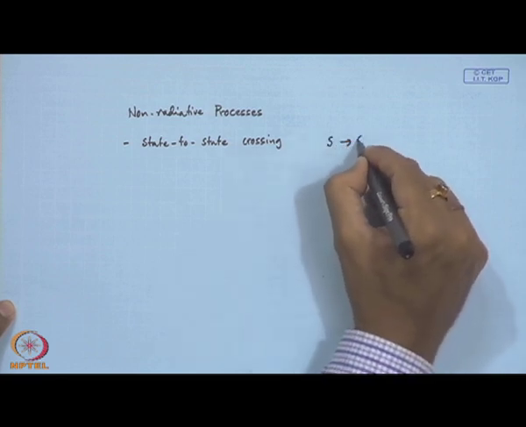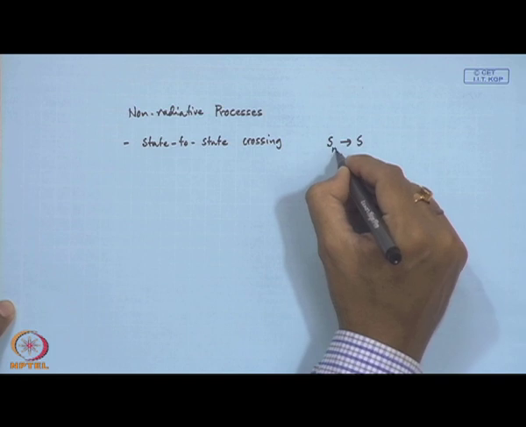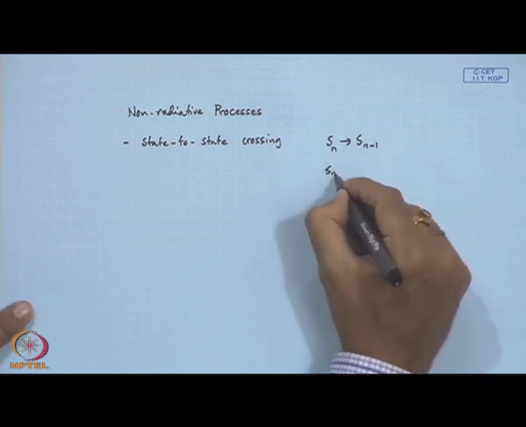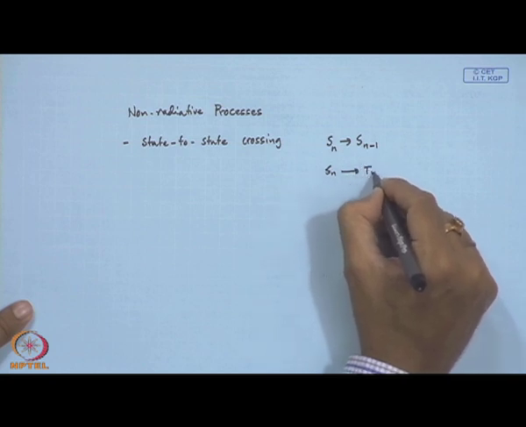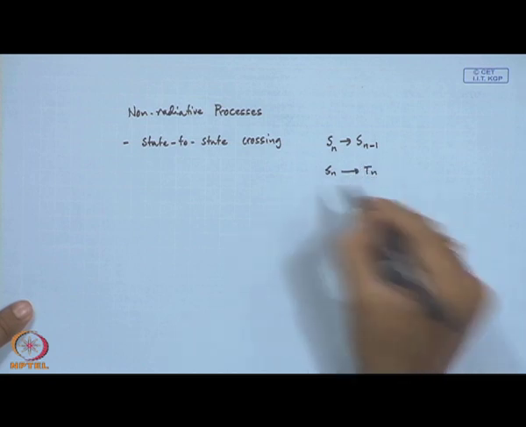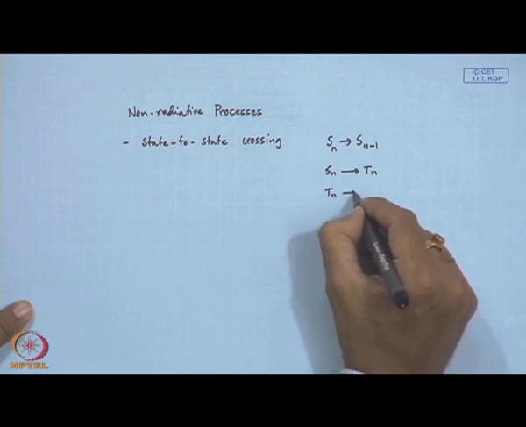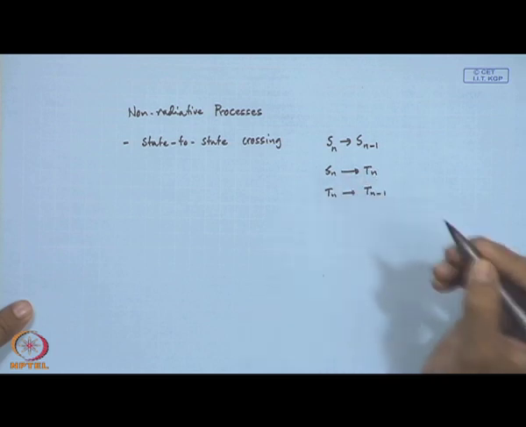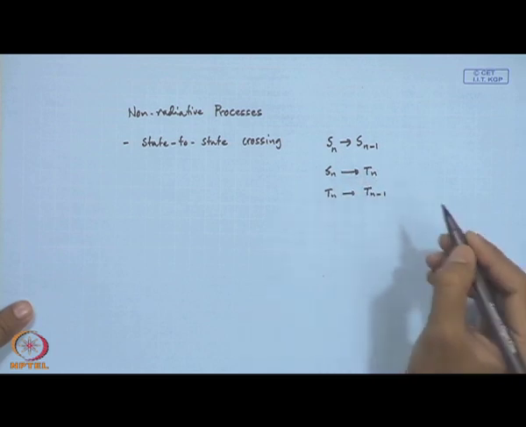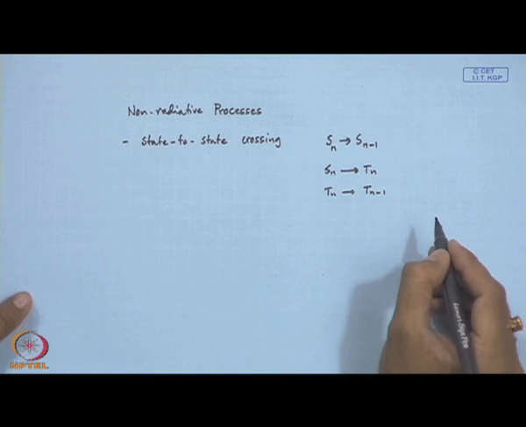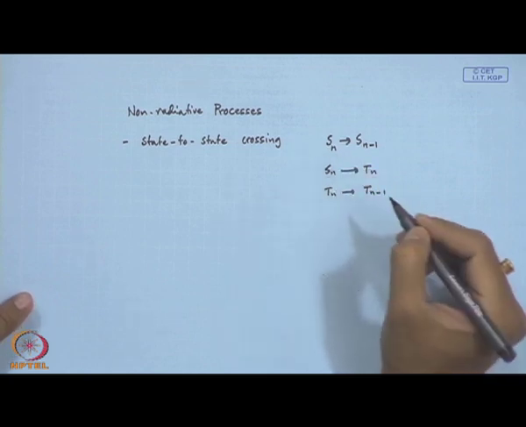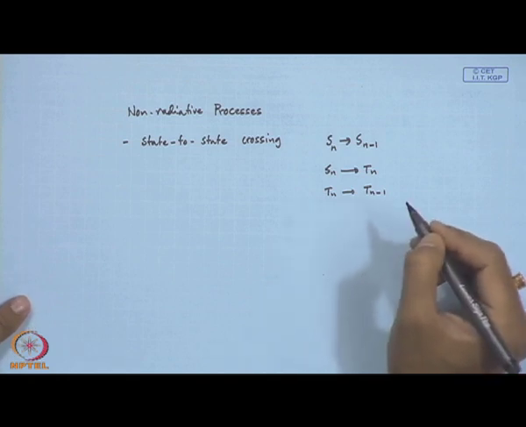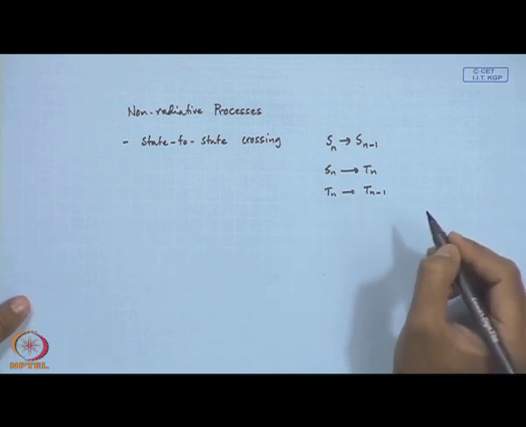So, singlet to singlet, say Sn to Sn minus 1, or Sn to Tn, or Tn to Tn minus 1, or maybe Tn to Sn. There may be several possibilities depending on the specific nature of the molecule and the available states. State to state crossing means various types of crossing may be there.